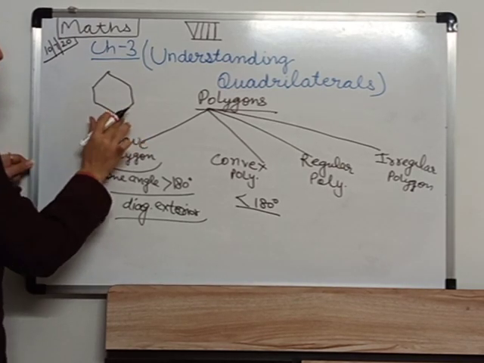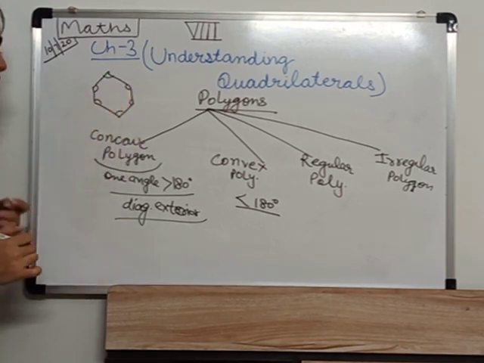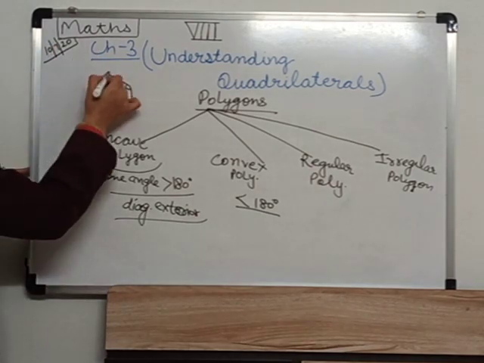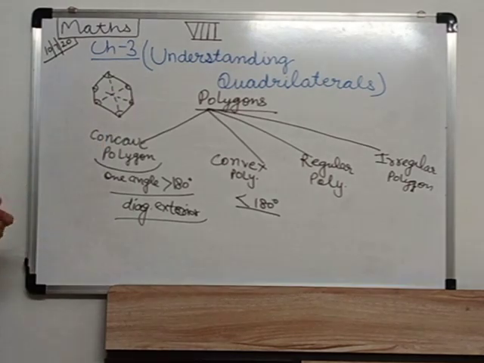In this, all these interior angles are less than 180 degrees and its diagonals lie inside the figure. All the diagonals lie inside the figure. These are the properties of a convex polygon.